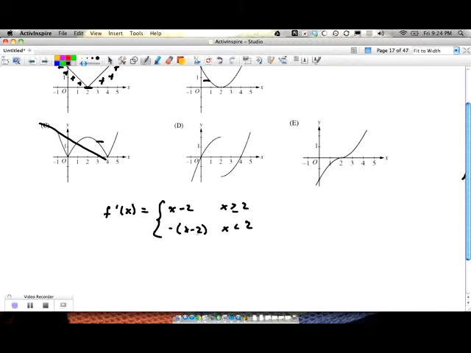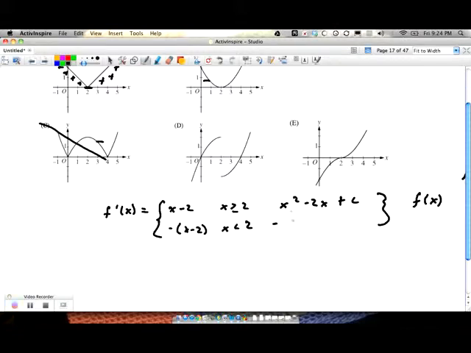So if I'm taking the antiderivatives of this, I have x squared over 2 minus 2x plus some constant. So this is f of x. And on the other side, it's going to be negative all that.